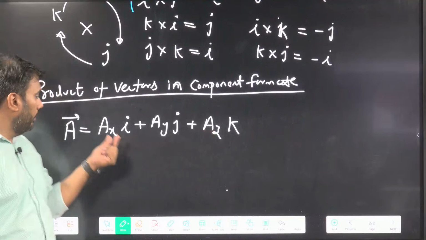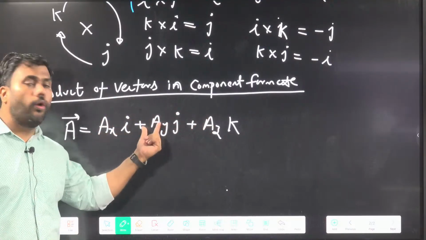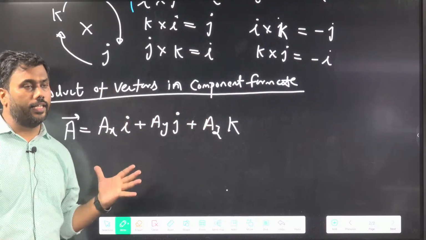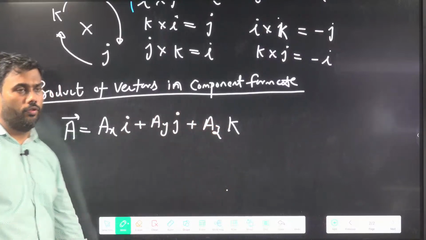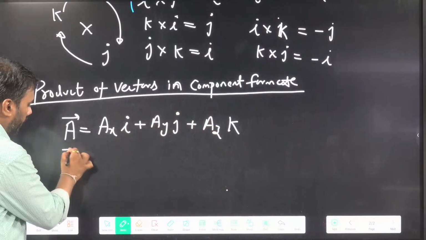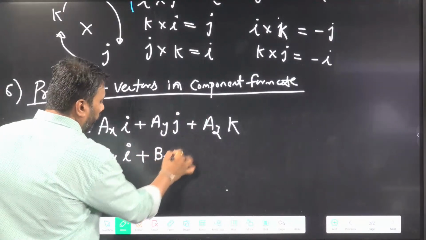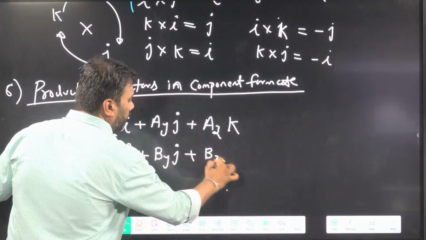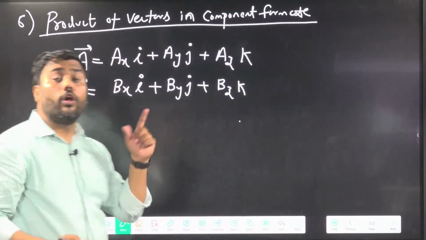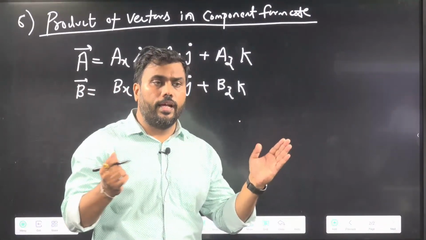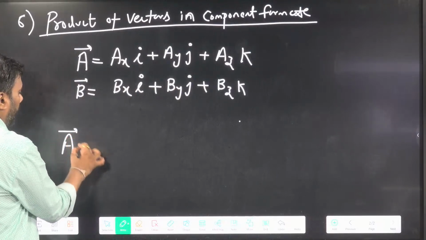This is the component in the x direction, y direction, z direction, or projection in x, y, z. Similarly, the second vector is also given in component format: Bx i, By j, Bz k. Suppose the vectors are given in this format, called component format, and we want the cross product A cross B.